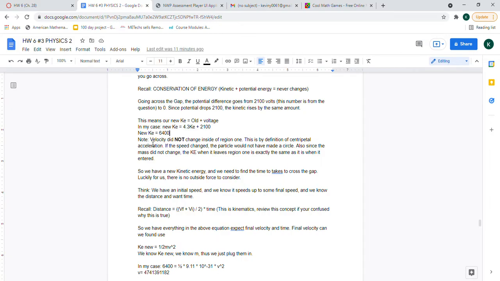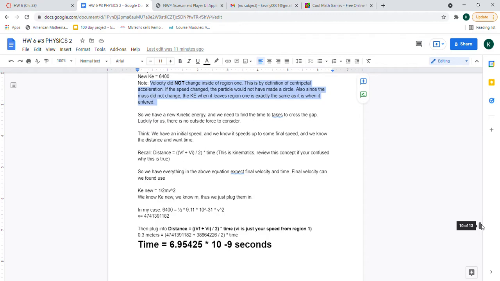So please, please, please know this. I'm not going to explain it, but you should most likely know this. But if not, you can just read that. So we have a new kinetic energy, and we need to find the time it takes to cross the gap. Luckily for us, there's no magnetic field to consider. So think, we have an initial speed. We know the initial speed.